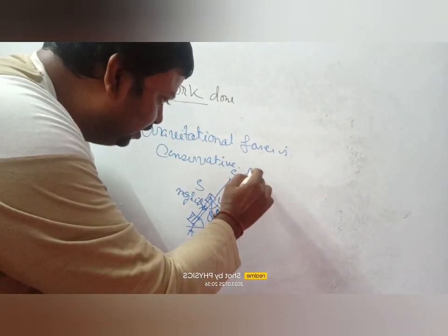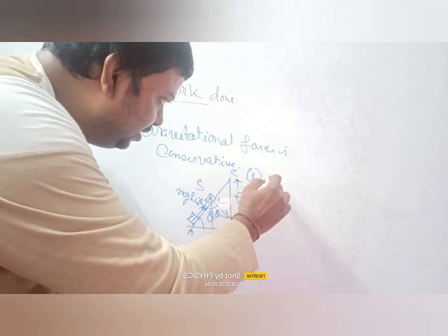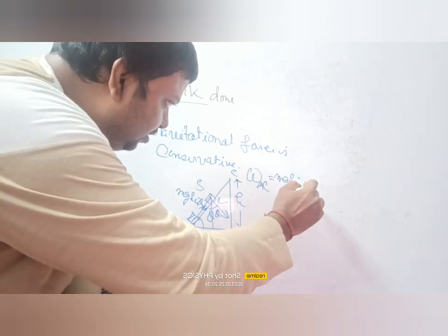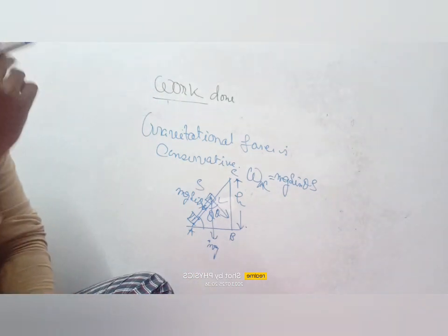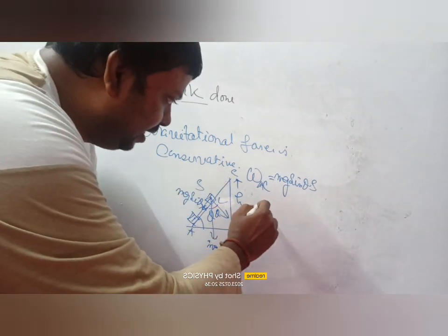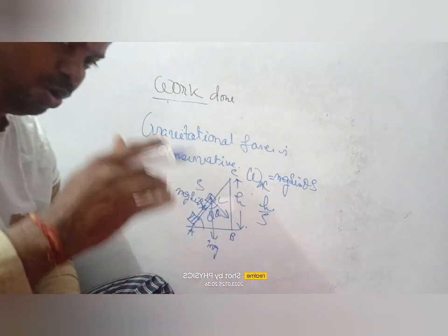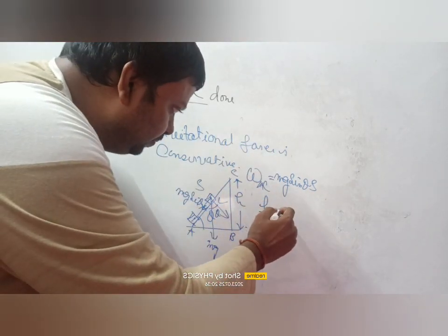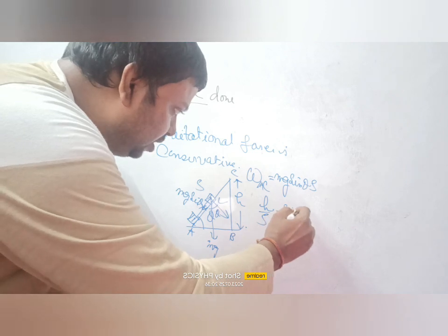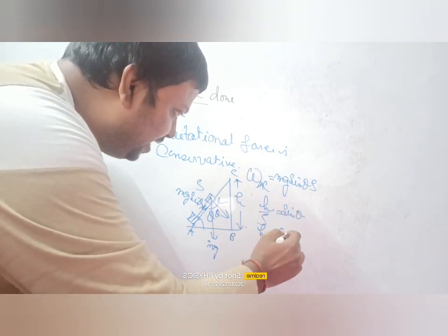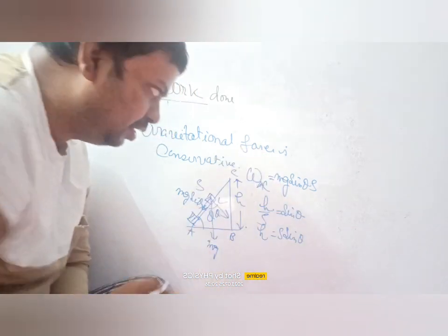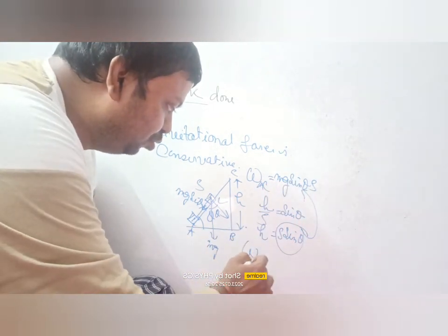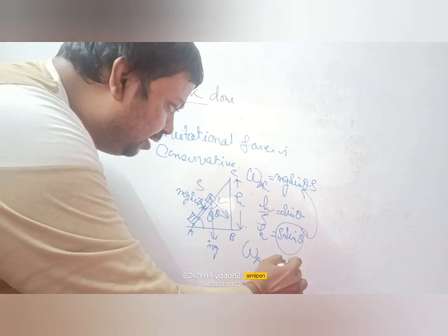Now the work done along AC is equal to mg sin theta into S. Now from the triangle, h by S, that is the altitude by hypotenuse, is equal to sin theta. So h is equal to S sin theta. Putting it in, we have W_AC equal to mgh.